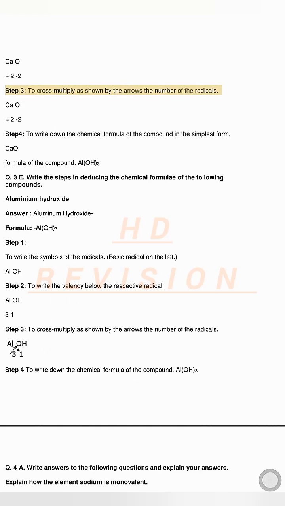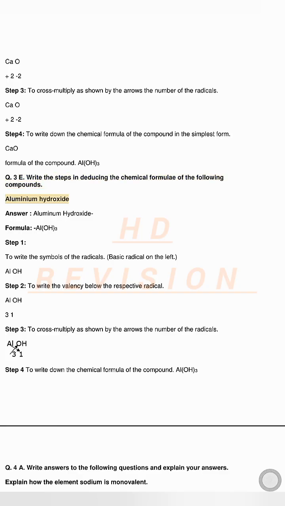To cross-multiply as shown by the arrows the number of the radicals. Step 4. To write down the chemical formula of the compound in the simplest form: CaO.